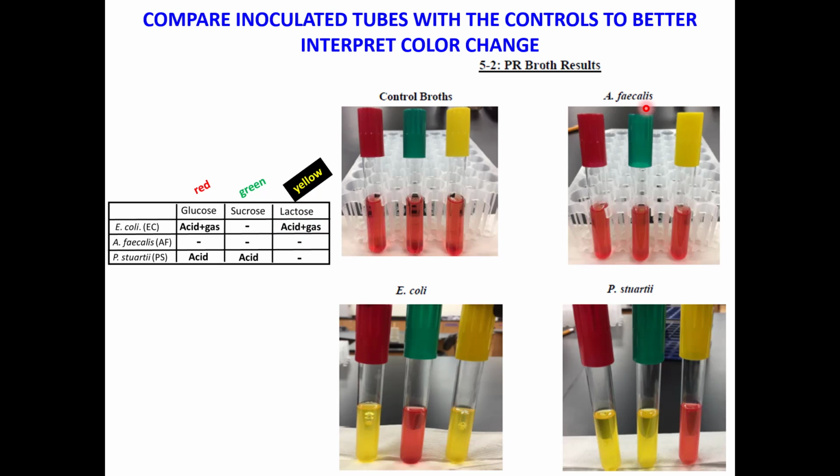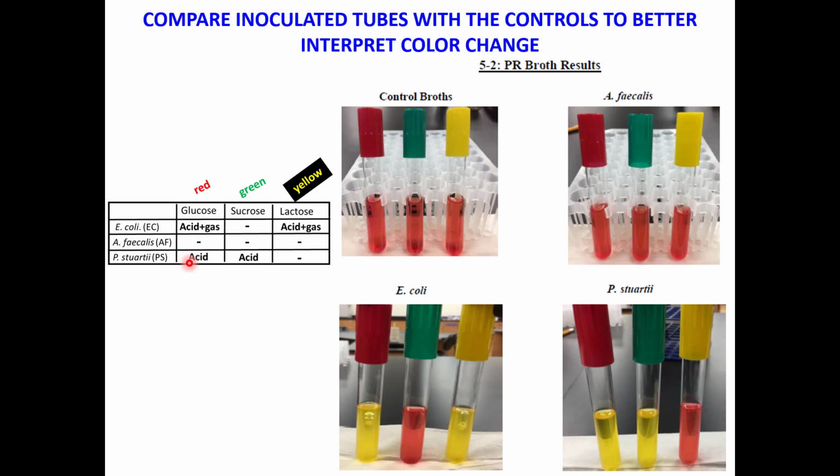Okay, so now if we look at A. faecalis, you're just looking at all those 3 tubes compared to the controls, there's no difference. That's why they're all negative across the table. Okay, now the last species, you can see here that we have fermentation for both glucose and sucrose, but none of them have gas production.